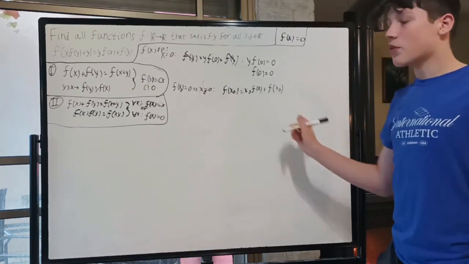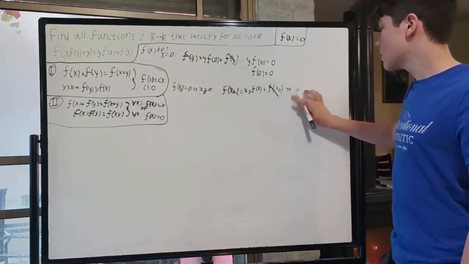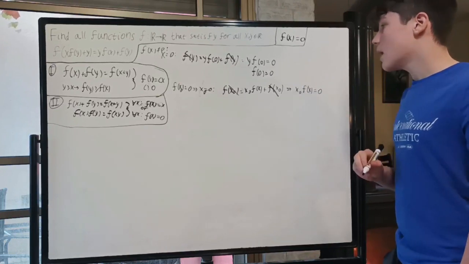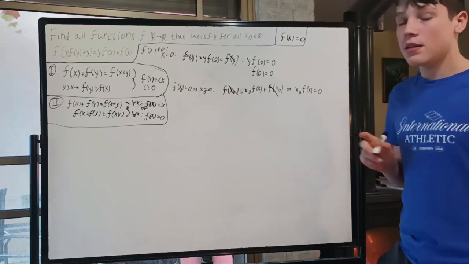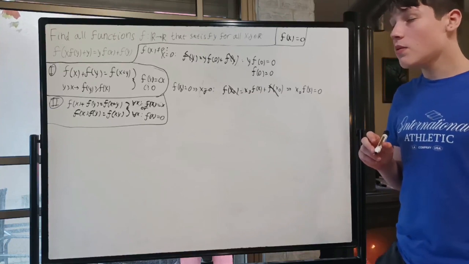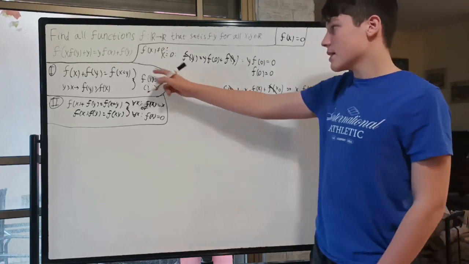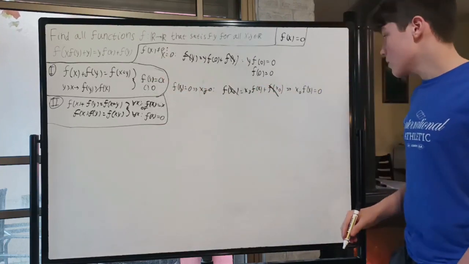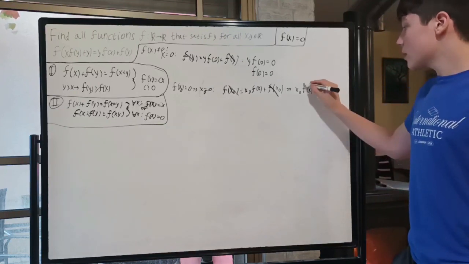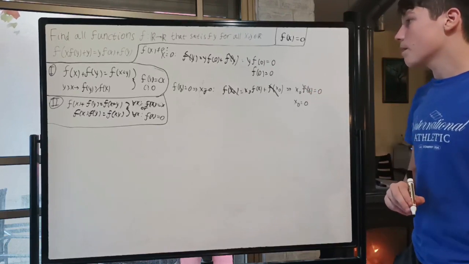So we can say both of these cancel out, and we get that x0 f of x is 0, and this is true for any x. Which means if I can find a value of x such that f of x is not 0, then x0 is equal to 0. But that's exactly my case. I'm assuming there exists an x such that f of x is not 0. So if I plug in that specific x in here, f of x cancels out, and we get x0 is equal to 0.